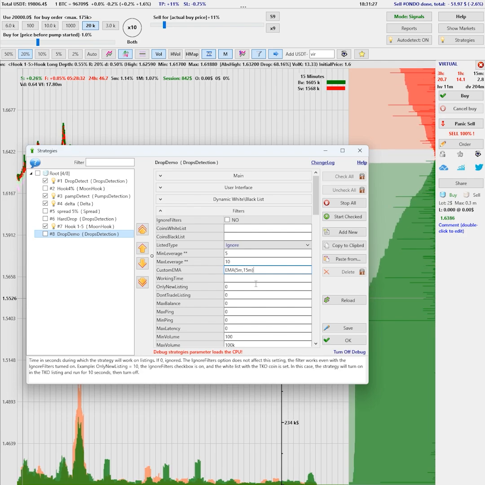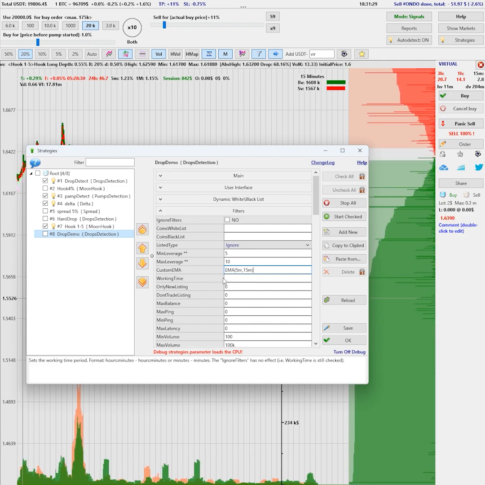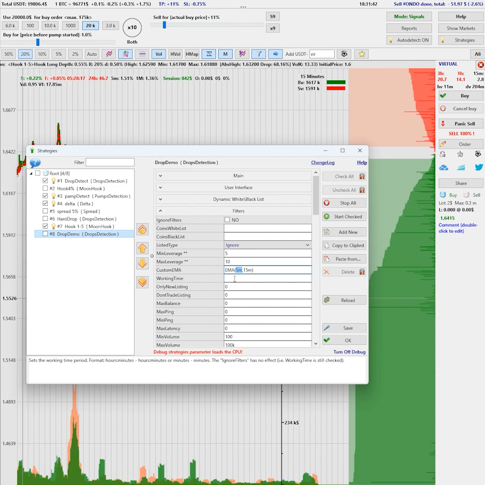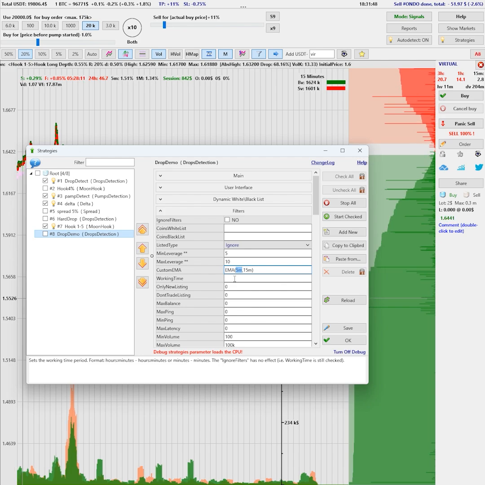And what's happening here is it's going to calculate the exponential moving average on a 5 minute time frame. I don't remember what it's actually going to take, whether it takes average prices over the 5 minute time frame, or how many actual data points.